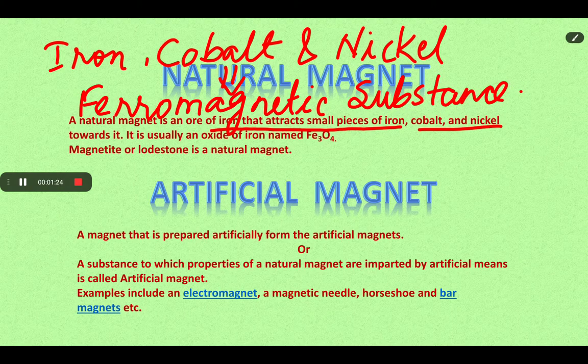So, natural magnet is simply the ore of iron that attract all these ferromagnetic substances.